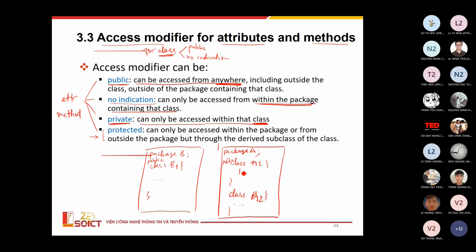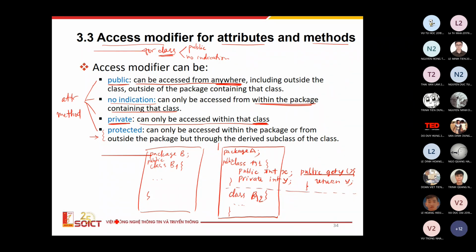Here I have the public int X. Okay, private int Y. And I have a public getY, which will return Y. For example, in the class A, I have this definition for the class A1.